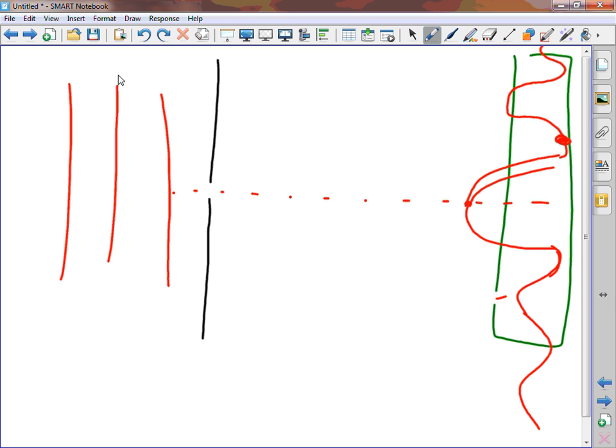Here's what I mean by that. Let's take the top light that hits the top of the slit, and let's call this distance it travels L, just giving it a variable.